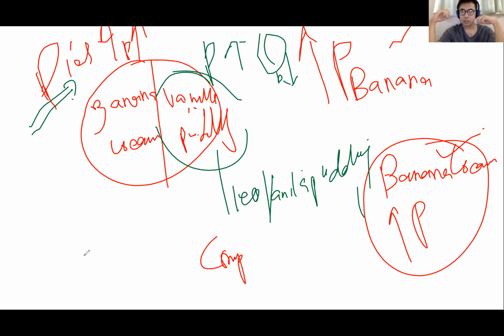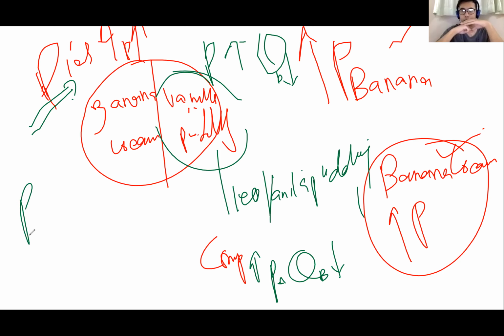No. Not competition. Because vanilla pudding and banana cream are complements of pies. And what do we mean by complement? If price of A rises, causing demand for B to decrease, right?